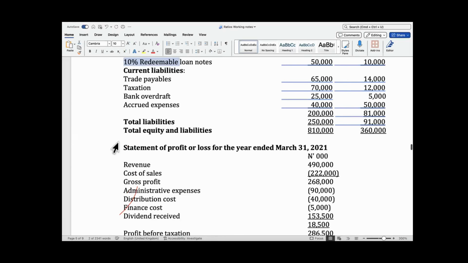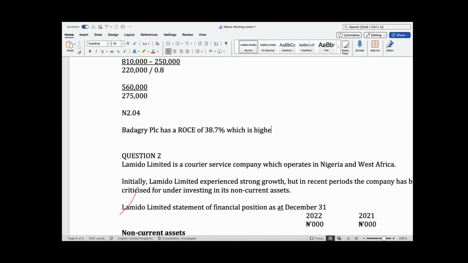It's just 10%, which is higher than the cost of debt of 10%, which shows that it is better to invest in Badag PLC than placing the funds in the money market, because you only get 10% in the money market, and Badag is giving you 38.7% on the capital you give to them.